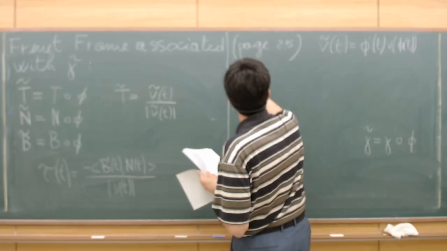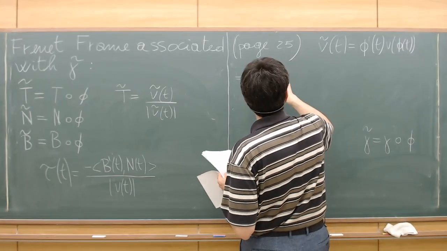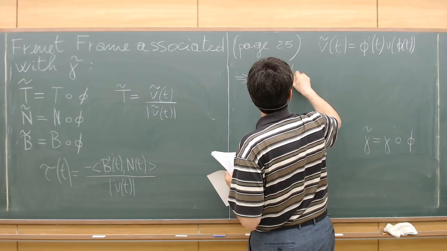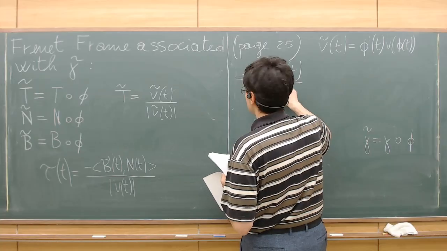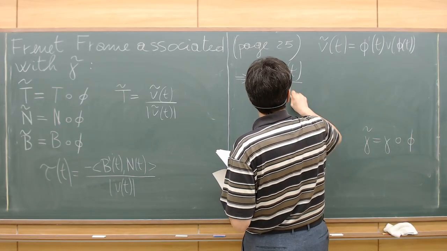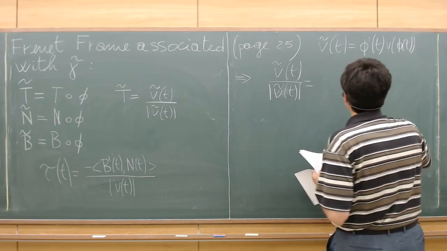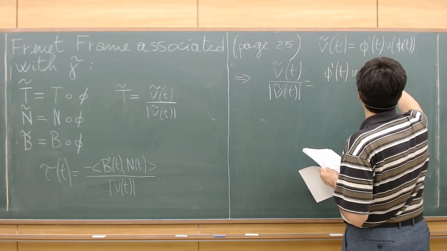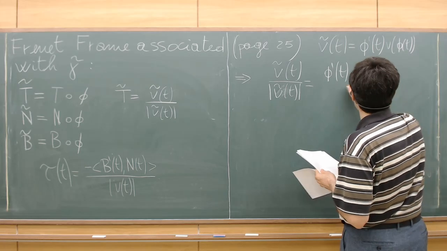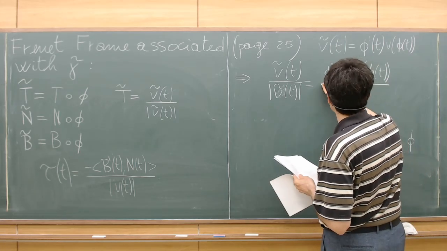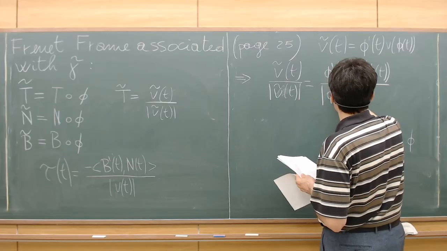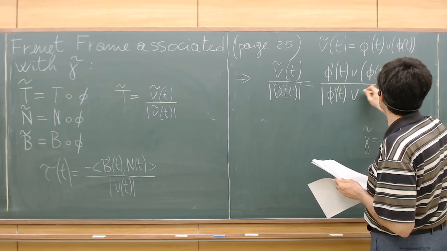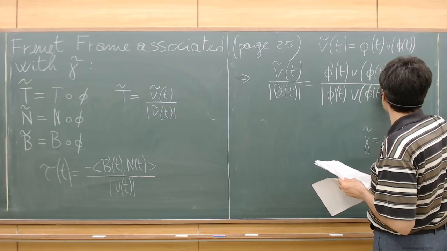So this implies that V tilde of t over the length of V tilde of t is equal to phi prime of t V of phi of t divided by the length of phi prime of t multiplied by V of phi of t.